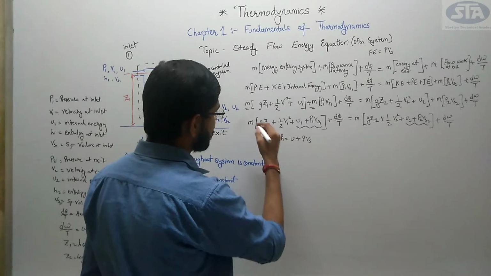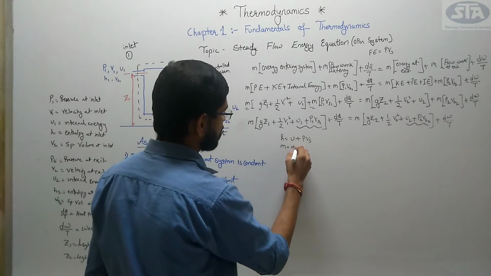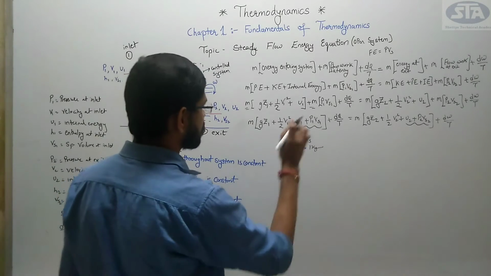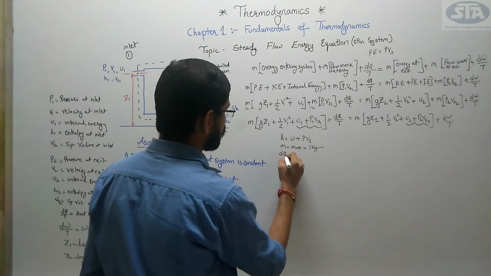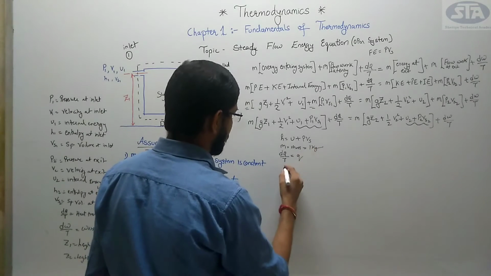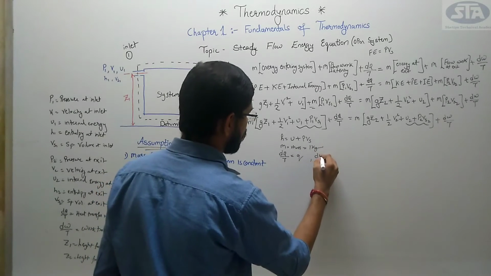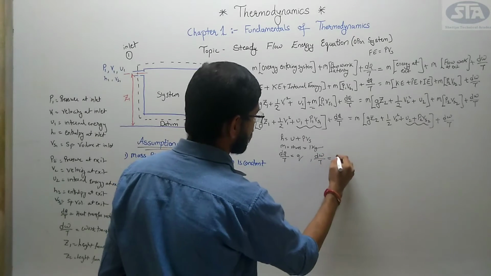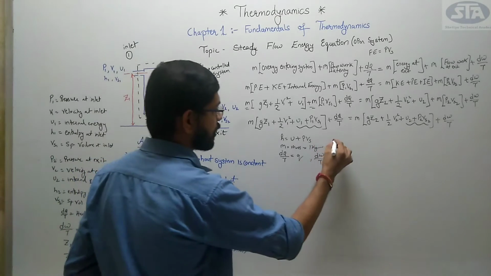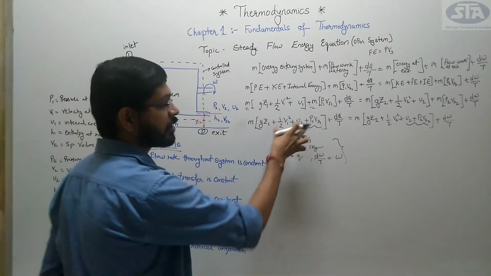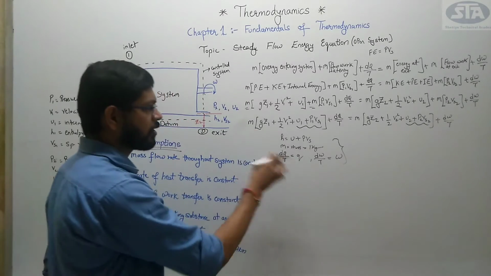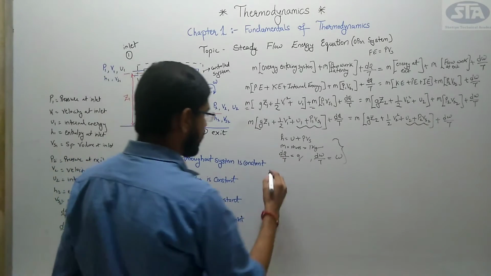And consider the mass M equals 1 kg, and dQ by T I am representing as Q, and dW by T I will represent by W. These are my notations now, which I will be substituting in this equation. So mass is 1 kg, so there is no need to write mass again.